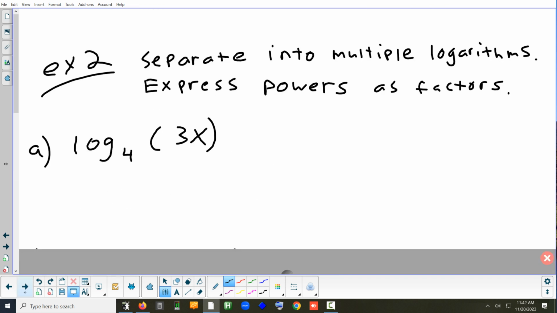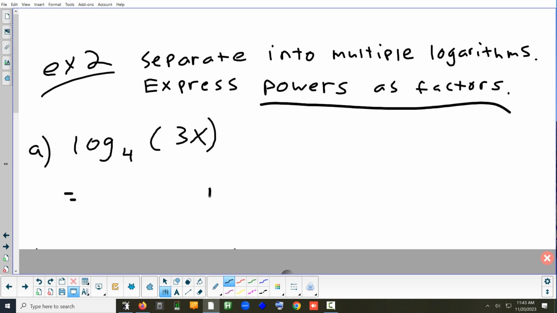All right, let's try this. It says to separate it into multiple logs. If you end up with exponents, put them in front. That's what that last sentence is saying. Inside the parentheses, do we have a product or a quotient? Yep, product. And how does a product split? Is it a sum or difference?